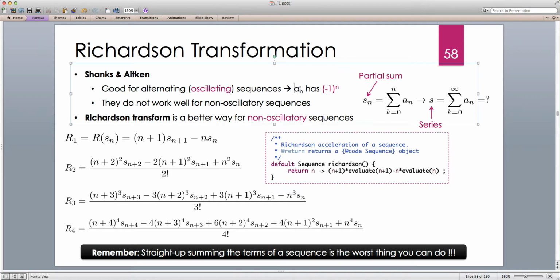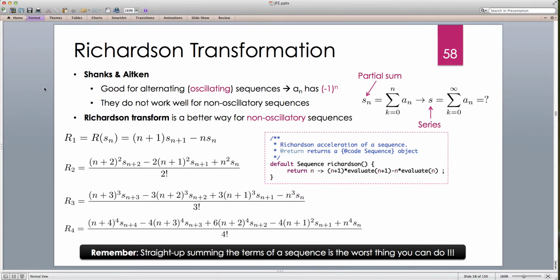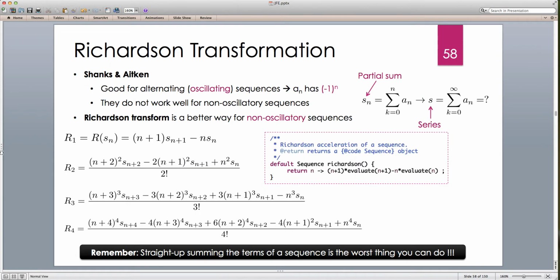So the terms of the sequence are oscillating between negative and positive. And basically this sequence that we already looked at has this behavior. It has a -1 to the k term, so the terms are oscillating back and forth between positive and negative, and Shanks and Aitken are pretty good for this type of sequences.